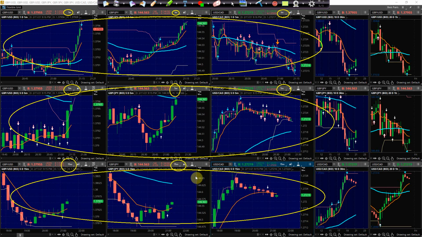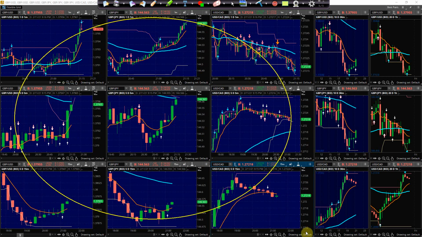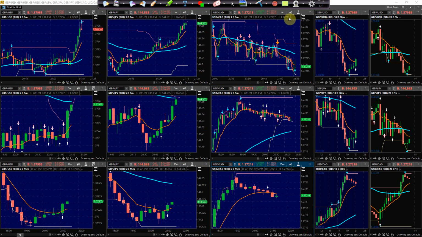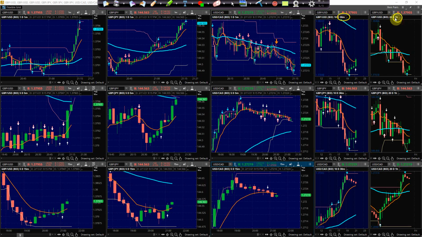As you can see, 15M, 15 minutes, and these are what you call your shorter term time frames. If you look to your right, you're also going to see your 30-minute charts and your 1 hour charts, and you can tell because you can see a 30M and a 1H.